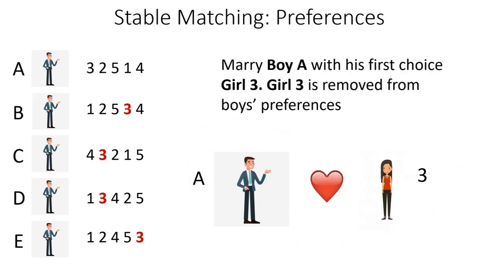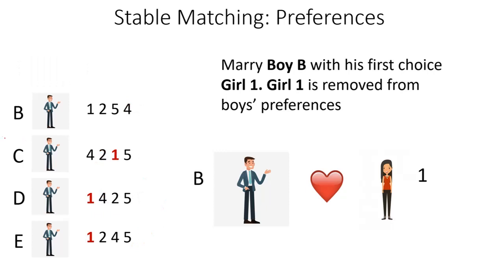Then we remove girl 3 from the preference lists of all other boys because she already got engaged. So we move on to the next boy. We move to boy B, and the most preferable girl for him is girl number 1.